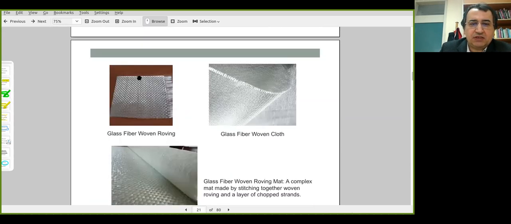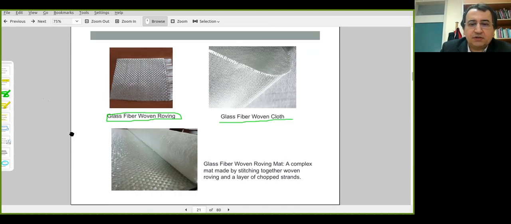Now, this slide may clarify the picture actually. This is woven roving, and it has bidirectional reinforcement features. This is woven cloth. It's produced from yarns.